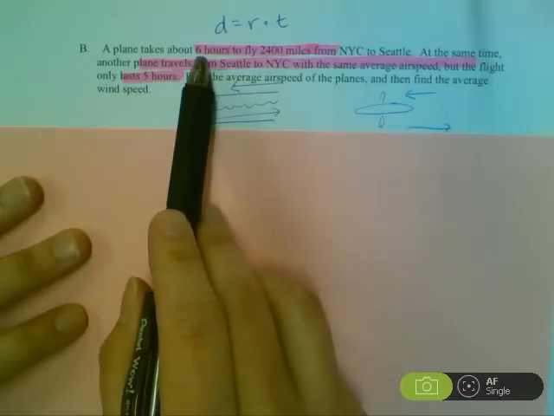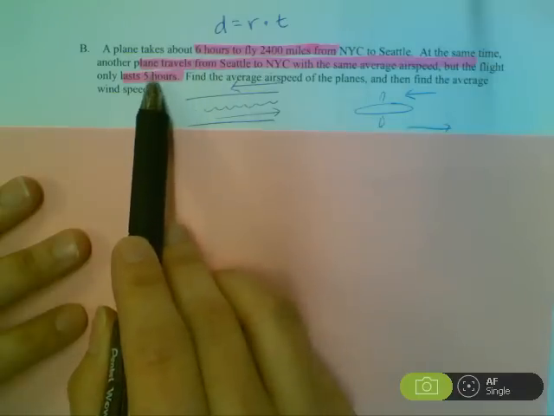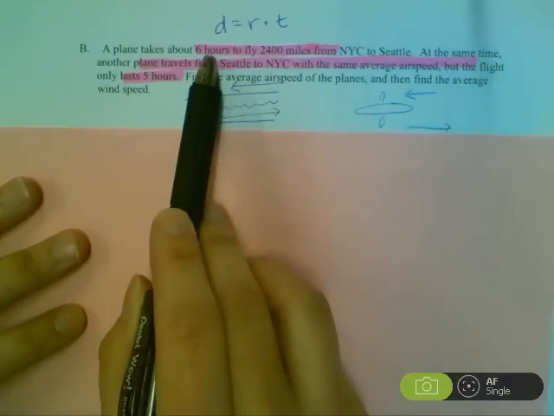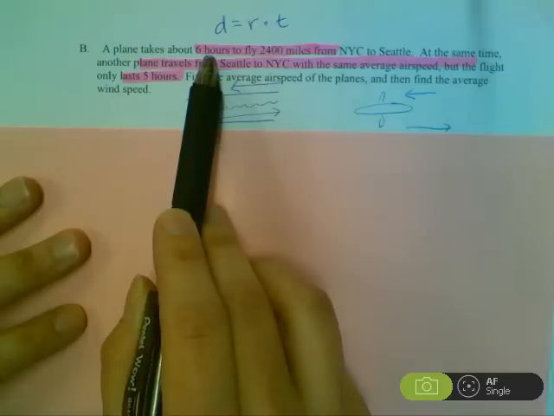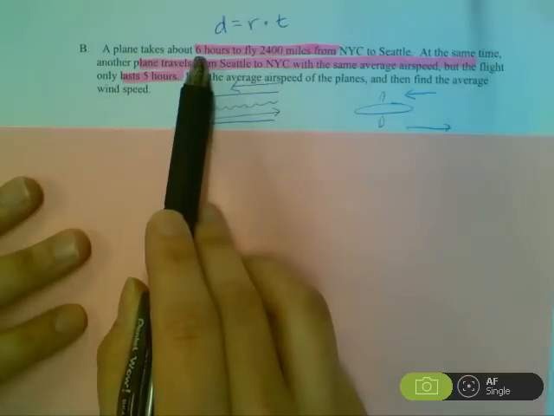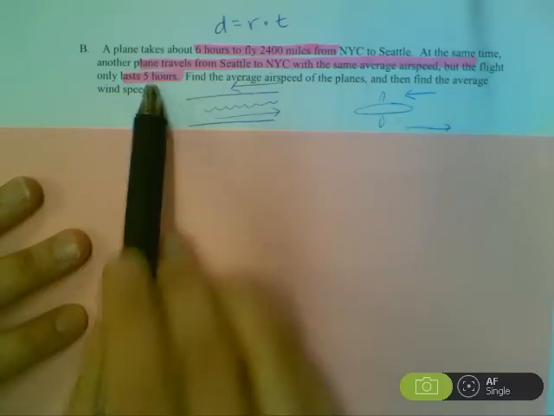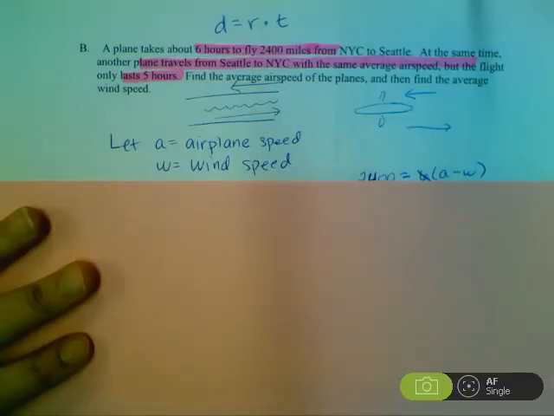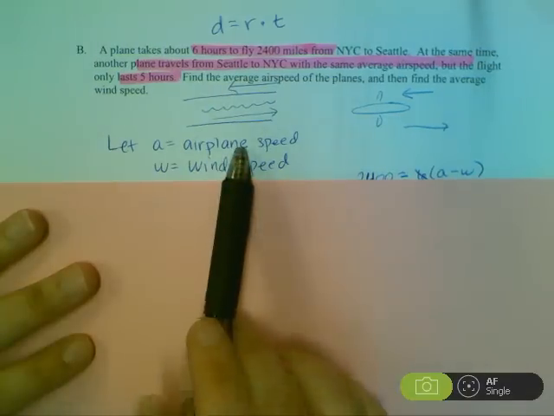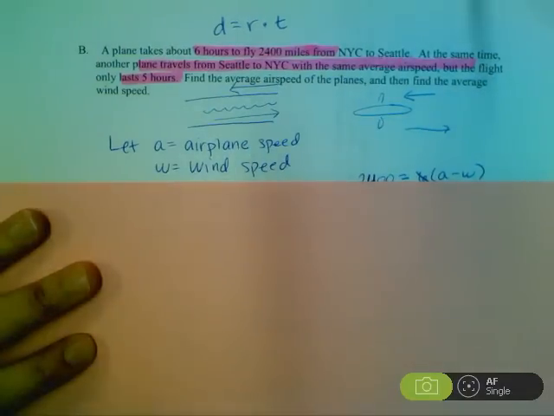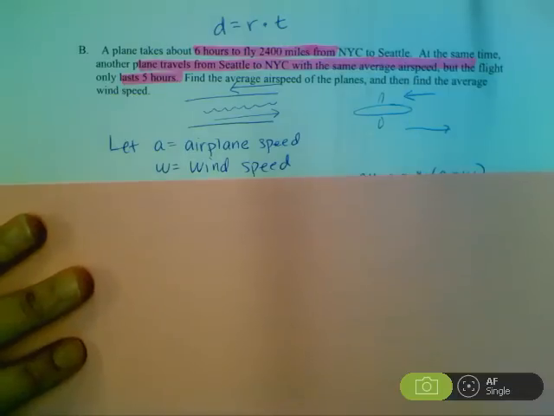The plane that takes 6 hours is longer than the plane that takes 5 hours. So the 6-hour plane is traveling against the wind. They're traveling slower, because it takes them longer, so they're against the wind. The plane that's traveling 5 hours is with the wind. When we write our equations, we're going to let A equal our airplane speed and W equal our wind speed.